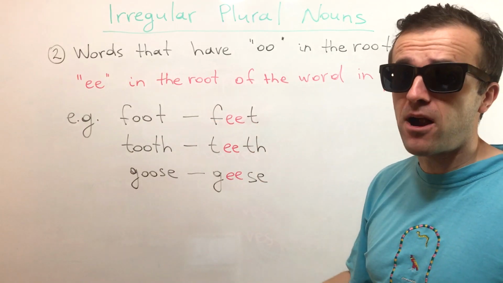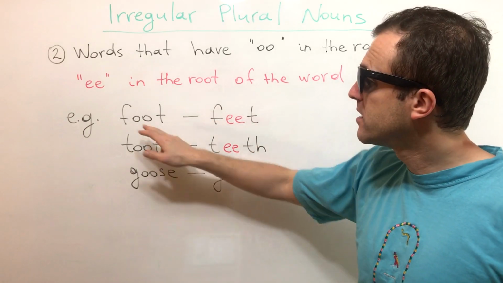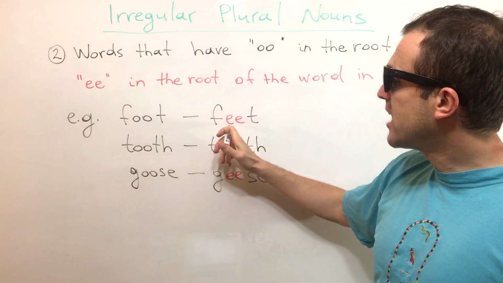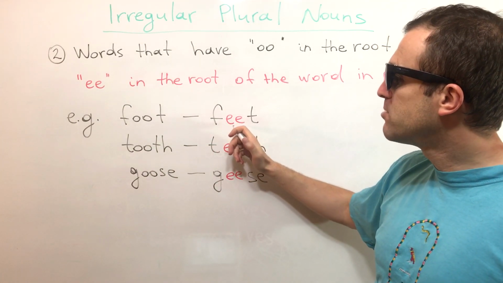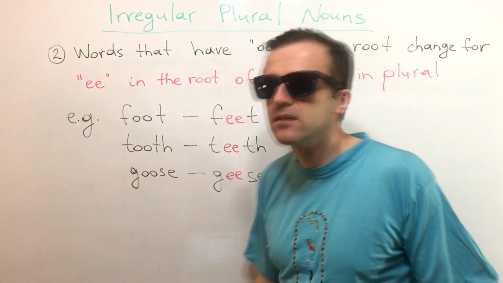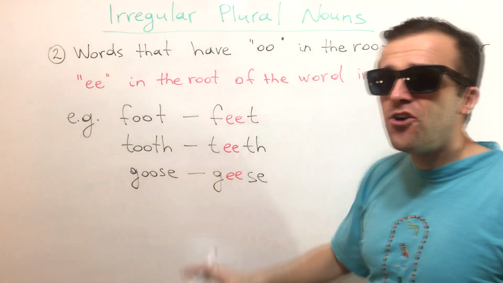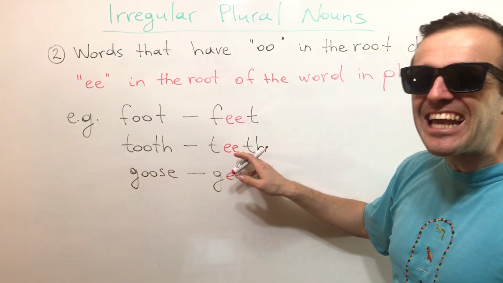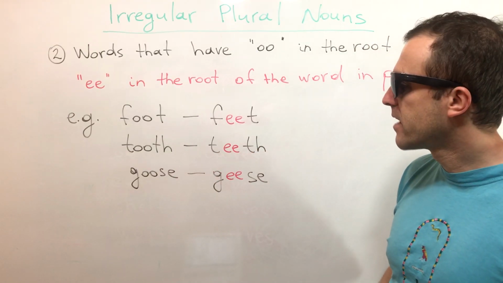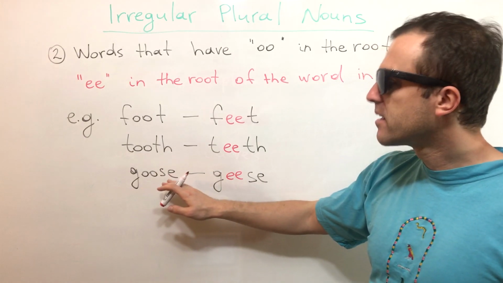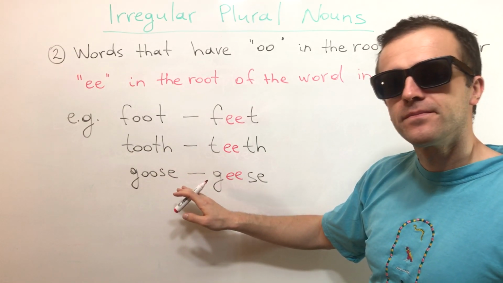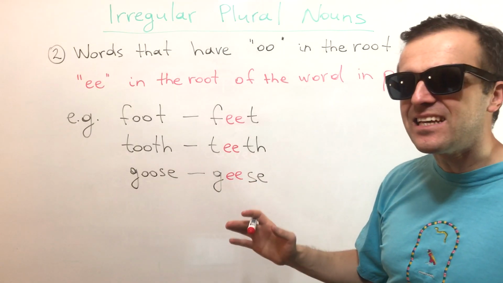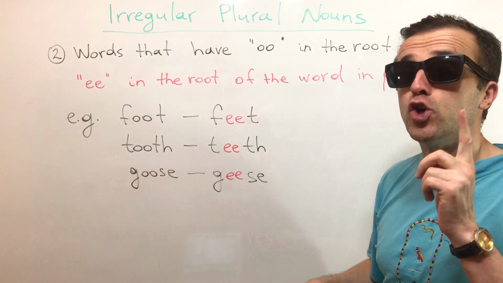You know that the part of the leg is foot, double O. We change for double E, feet. Tooth, we change for teeth. And goose is like a bird. We change for geese. So many geese, one goose.